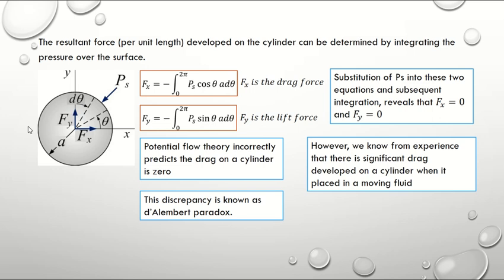There is a large pressure difference between the upstream and the downstream or rear part of the body. So theoretically and practically, there is much drag developed around this shape. Basically this discrepancy is known as the D'Alembert paradox.